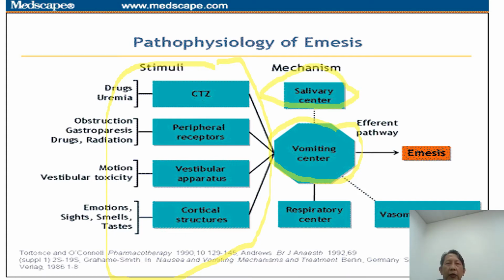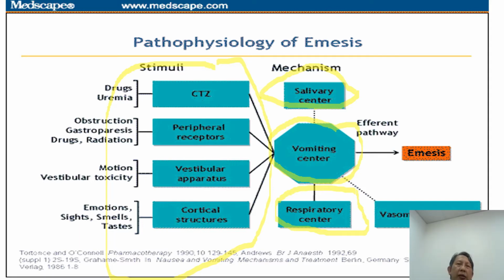We talk about the afferent inputs first. The first one is the CTZ, the chemoreceptor trigger zone.